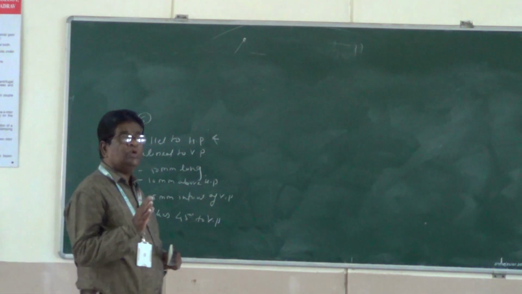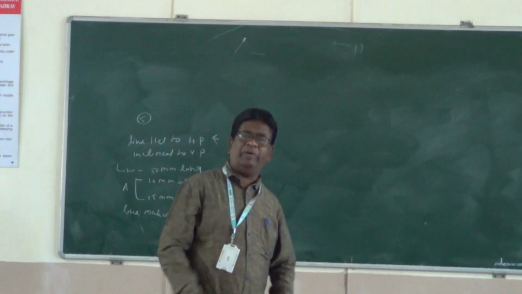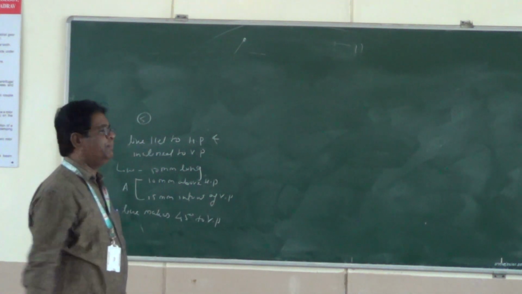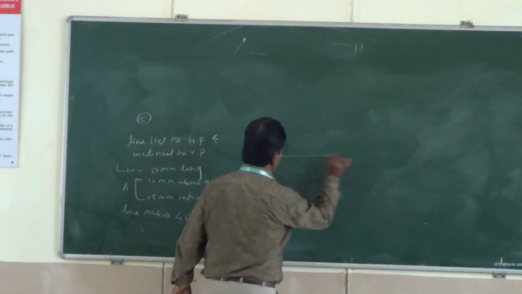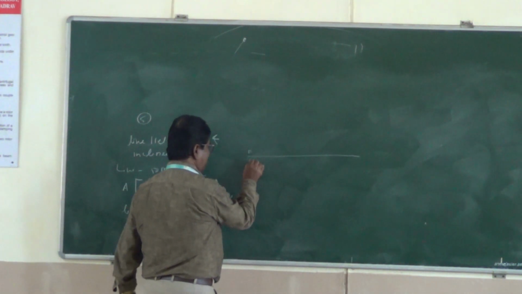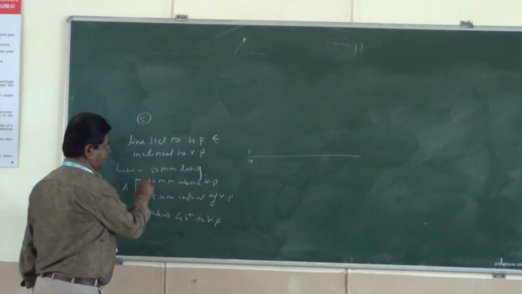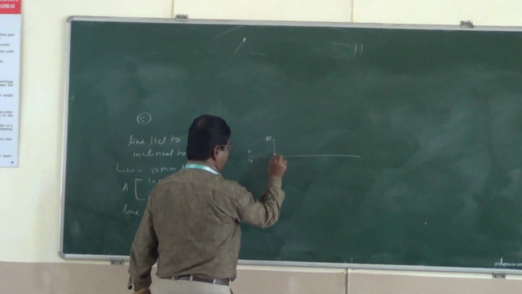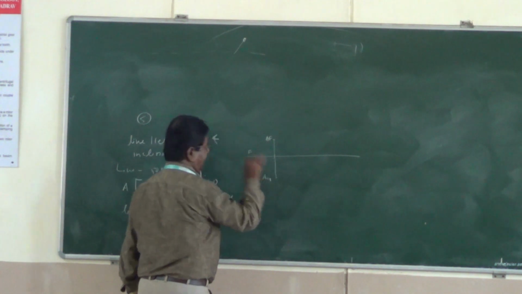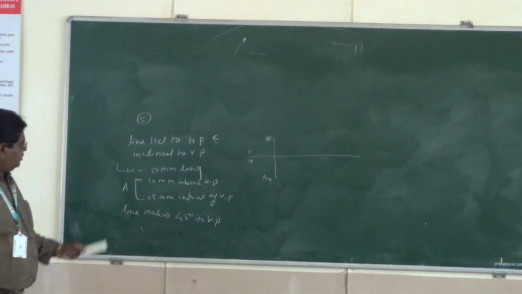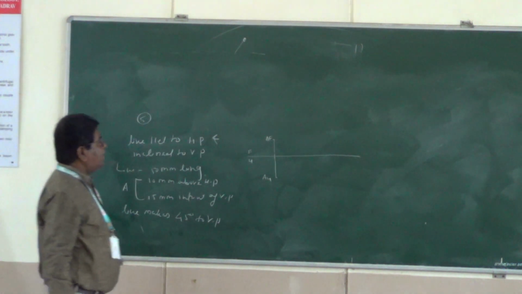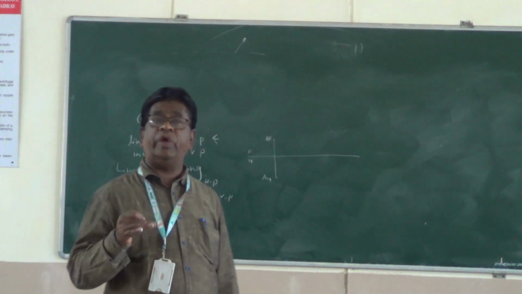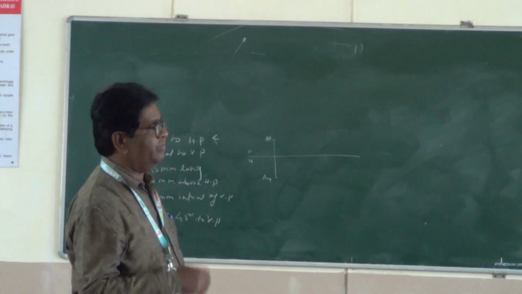Now this line is parallel to HP and inclined to VP. What about the previous line? The previous line was parallel to VP, inclined to HP. Here it is exactly opposite. So how can you find out the views of this line? First we take this point A, 10 mm above HP. This is the elevation, and 15 mm in front of VP. This is the plan. Okay? Now the first information we have taken. Second, as in the last case, the line was inclined to HP, and that angle is observed in the front view.